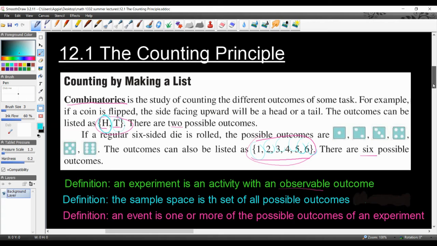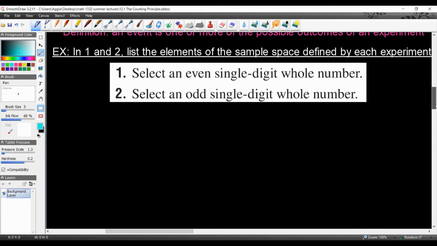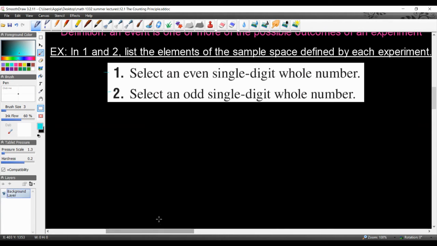Okay, so let's go right into an example and see how this works. We have examples 1 and 2. List the elements of the sample space defined by each experiment. These are simple, just to start us off. For number 1, select an even single-digit whole number. When we're talking about whole numbers, we're talking about the ones from 0 through 9.